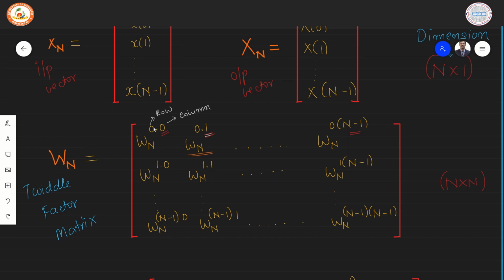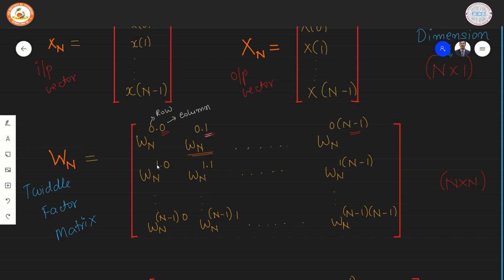So the first row is numbered as 0. You can see that for each element in the first row, the row number is identical, which is 0. The row number is common, but the column number changes. First column has number 0, second column has 1, then 2, and so on. The last term will have a column number N minus 1.